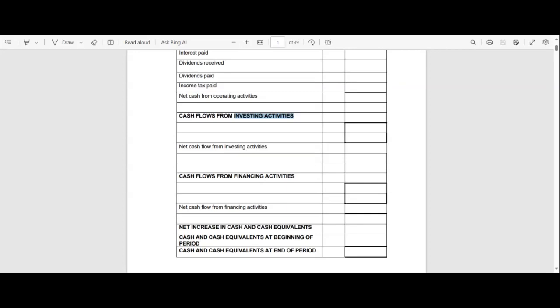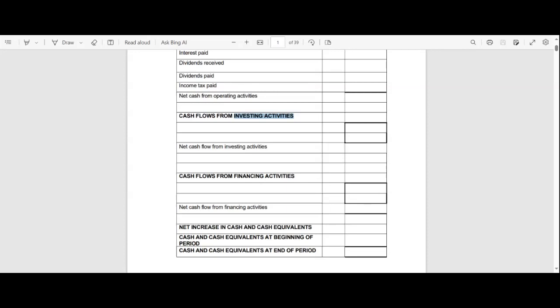When it comes to investing activities, ladies and gentlemen, it only relates to one section on one specific financial statement. Let me give you the first hint. The financial statement is the statement of financial position.